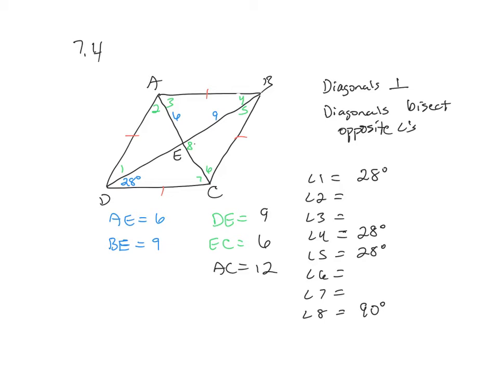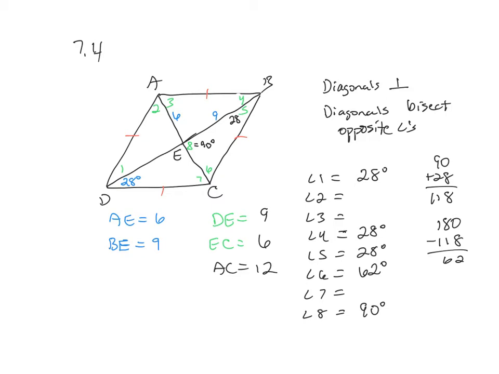So this one is 90, and angle 5 is 28. So we have this triangle on the right side. And so I can do 90 plus 28 is 118, and then subtract that from 180. And angle 6 would be 62 degrees.